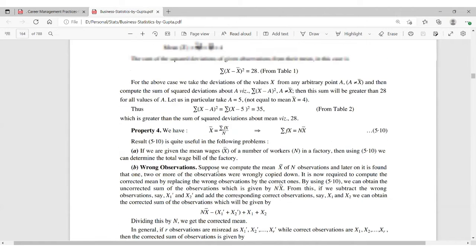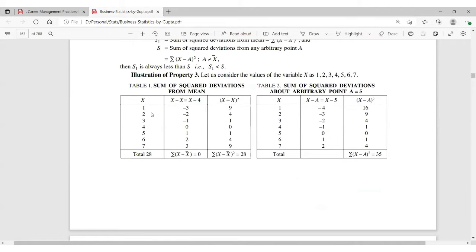For example, let me take this example. In these numbers, the mean is 4. Total is 28.